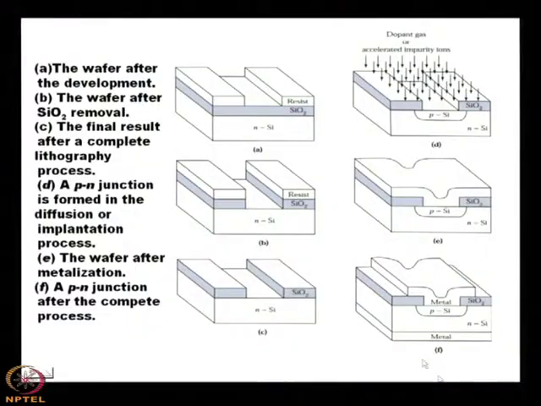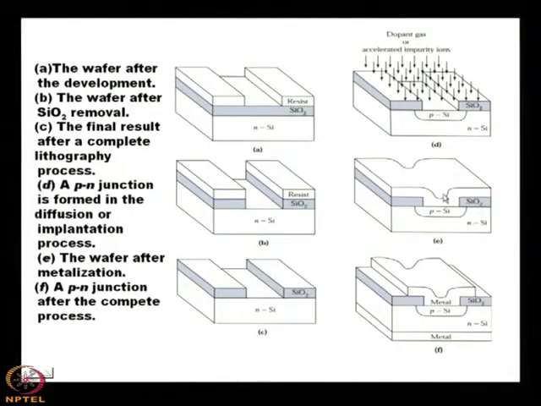Otherwise, how will you define this junction without photoresist? Actually, the photoresist was given to remove silicon oxide, SiO2, from a certain portion, which we have done, and then we have doped.